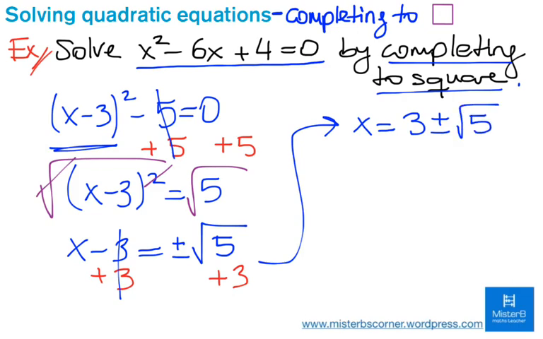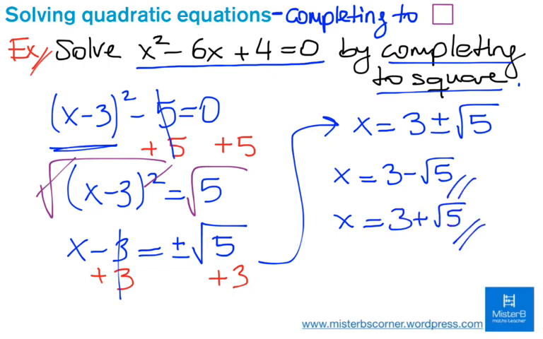Now this means I have two solutions, x equals 3 minus root 5 and x equals 3 plus root 5. So there are two answers, as expected.